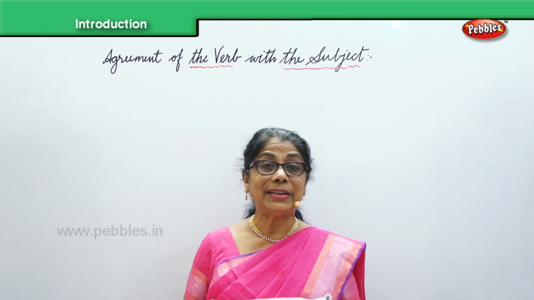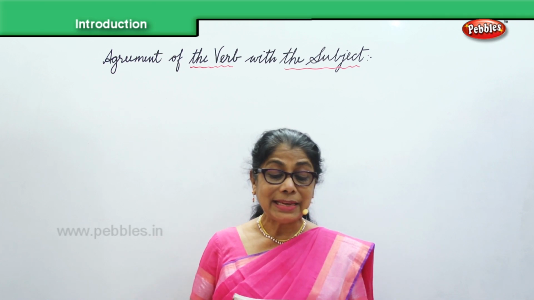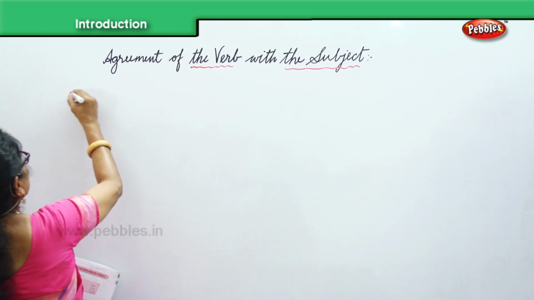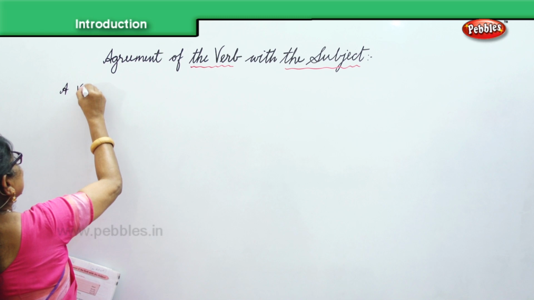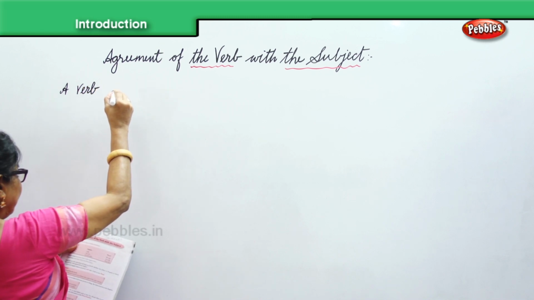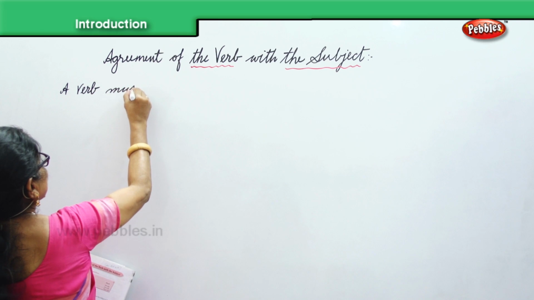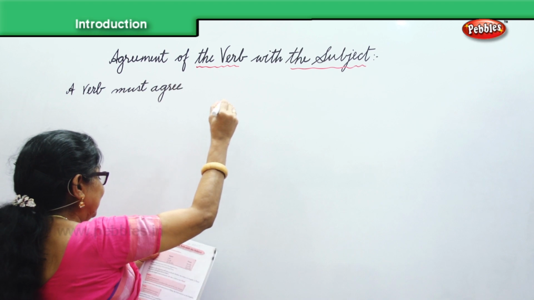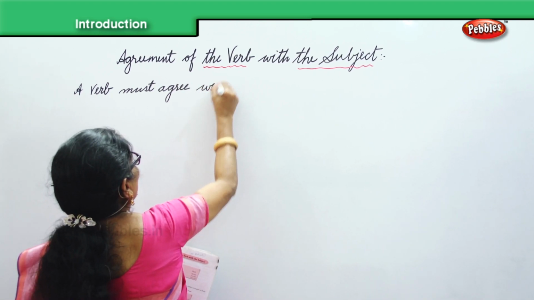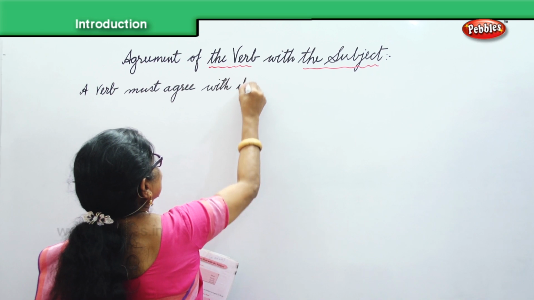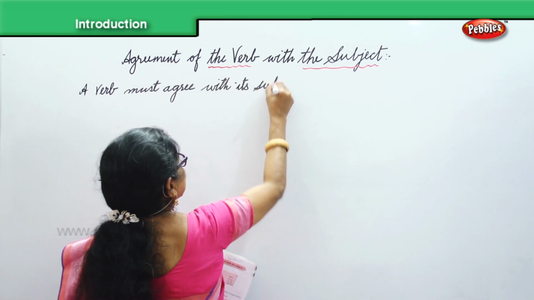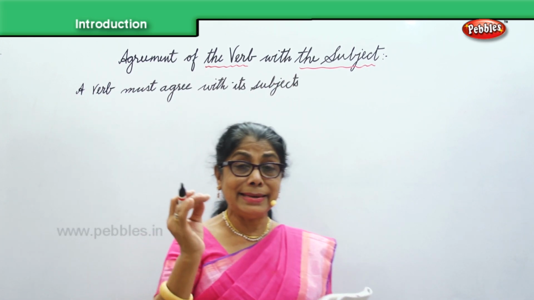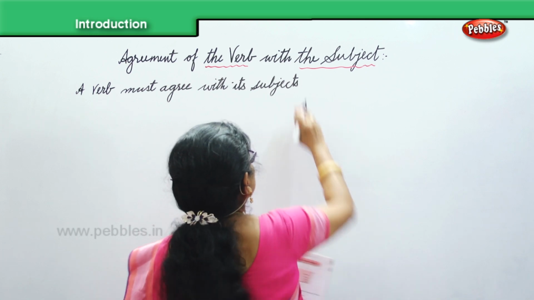So we look at that first. A verb must agree with the subject in number and person. And that's what we are going to do. A verb must agree with its subject in number and person.